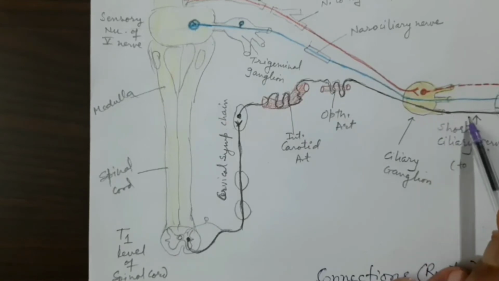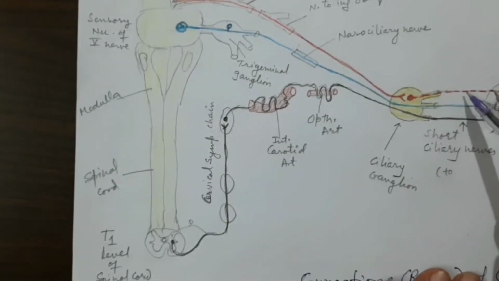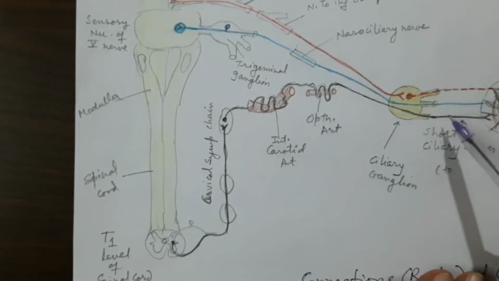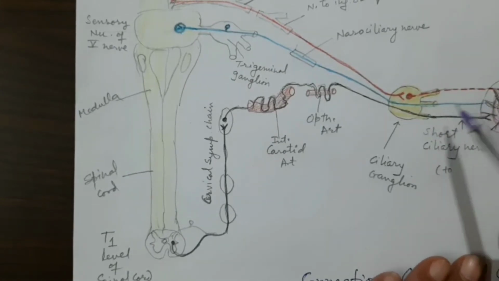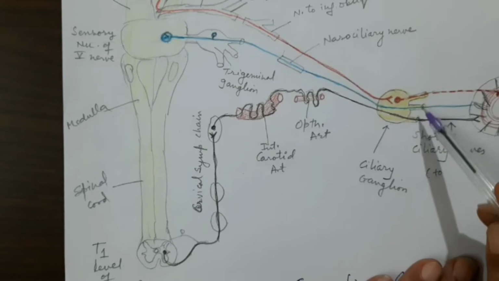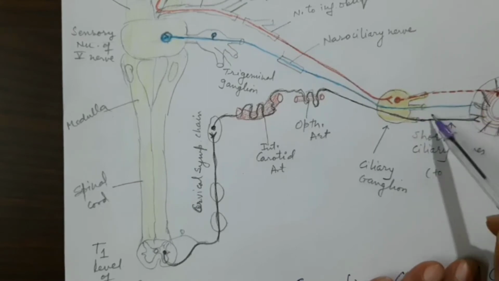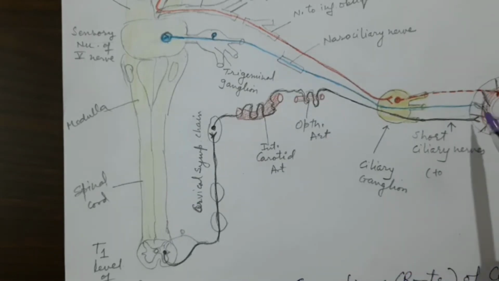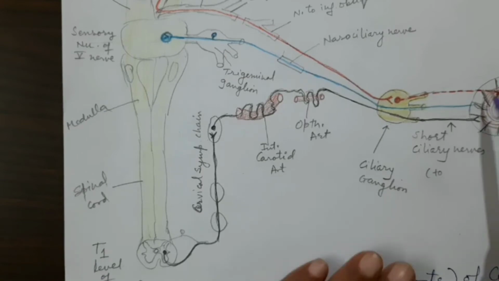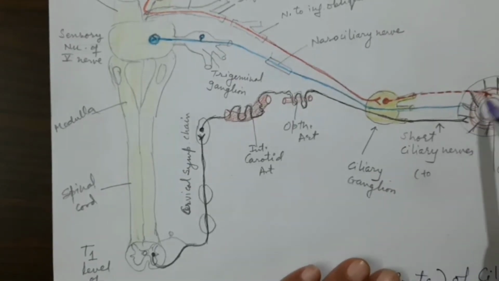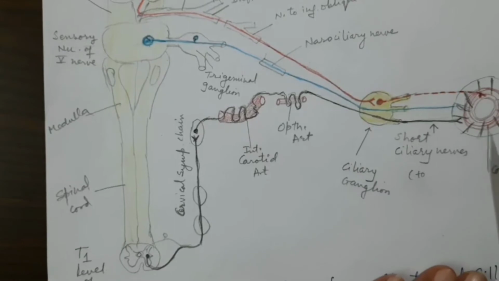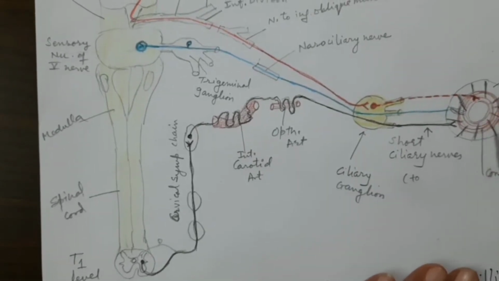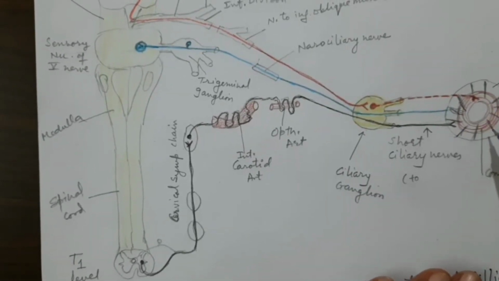Now these sympathetic fibers go along with the short ciliary nerves, which I said are about 8 to 10 minute twigs, which come out from the anterior margin of the ciliary ganglion, and they run along with the optic nerve very close to its entrance, and they pierce the sclera of the eyeball and reach the iris, that is the sphincter pupillae, and the ciliary body.